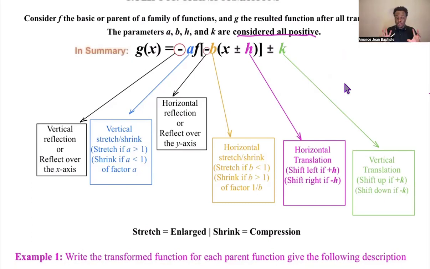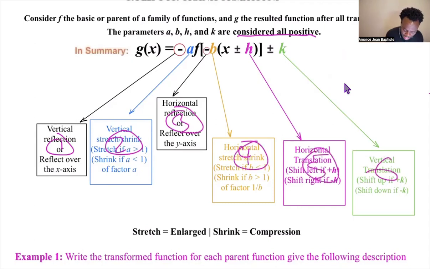All of them will be subject to those types of transformations that we saw, transformations 1 through 6. We can perform all of them in the same function, or some of them. You don't have to do all of them.